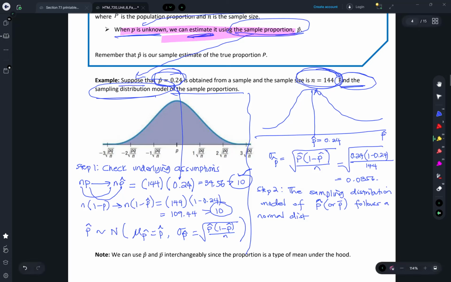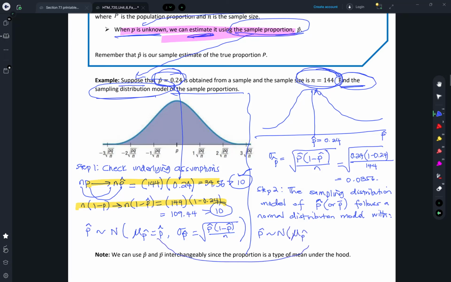Since the conditions we checked earlier were satisfied, the normal distribution model follows a normal distribution with P-hat following a normal distribution.